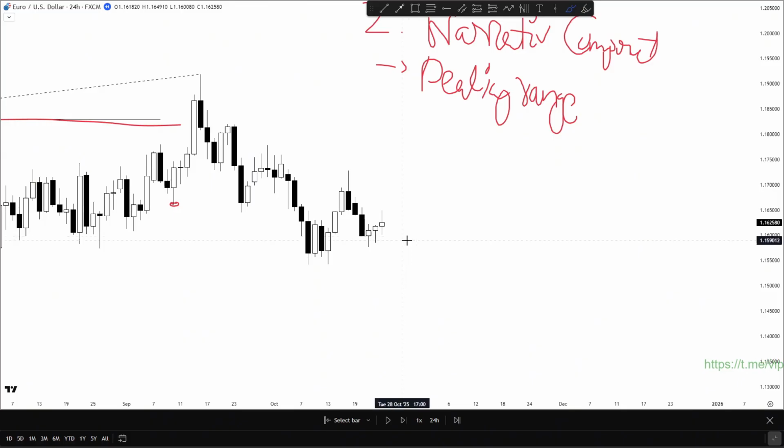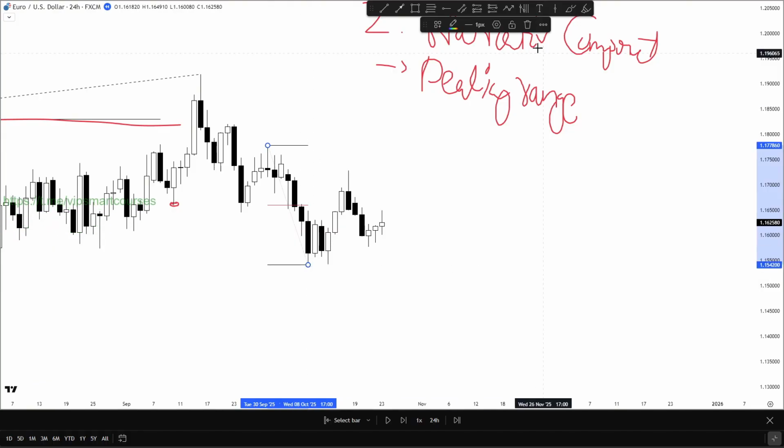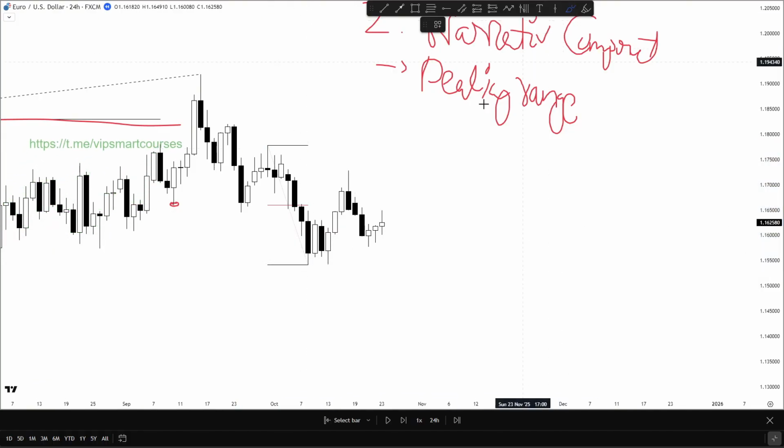The next thing I had to determine for last week was the origin and the destination for price, meaning I had to figure out the narrative part and establish a directional bias for the week and then for each day separately based on that logic. Now the destination is super clear, which is obviously the low of this dealing range, or this external range liquidity.